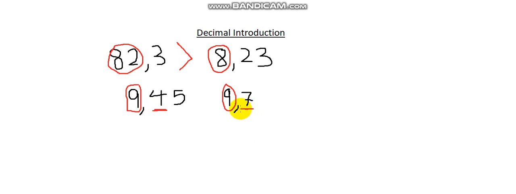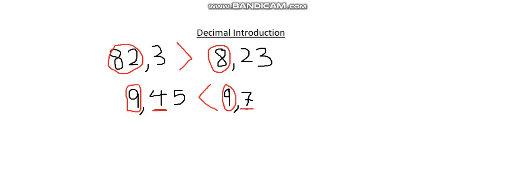I compare them. I don't care about what's going on here. This could simply not exist, because all I'm comparing is this one number to this one number. Whatever is going on to the right does not matter right now. So 7 is more than 4, so I would say that 9.7 is more than 9.45.